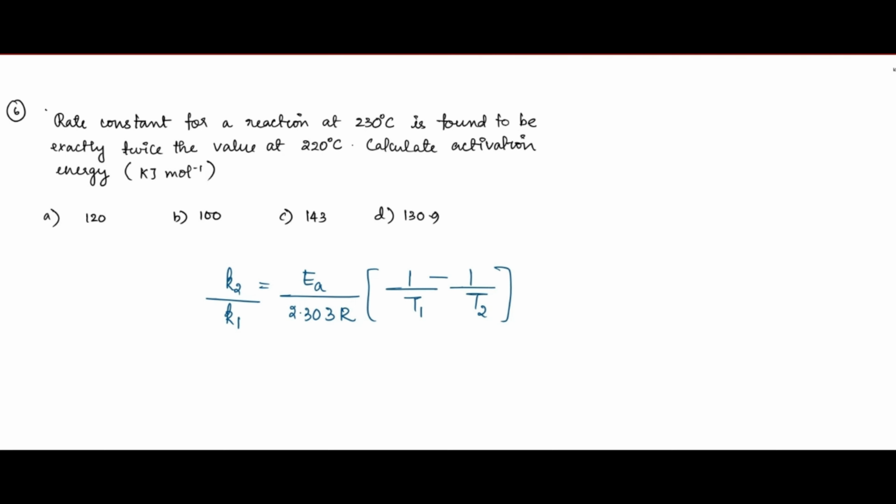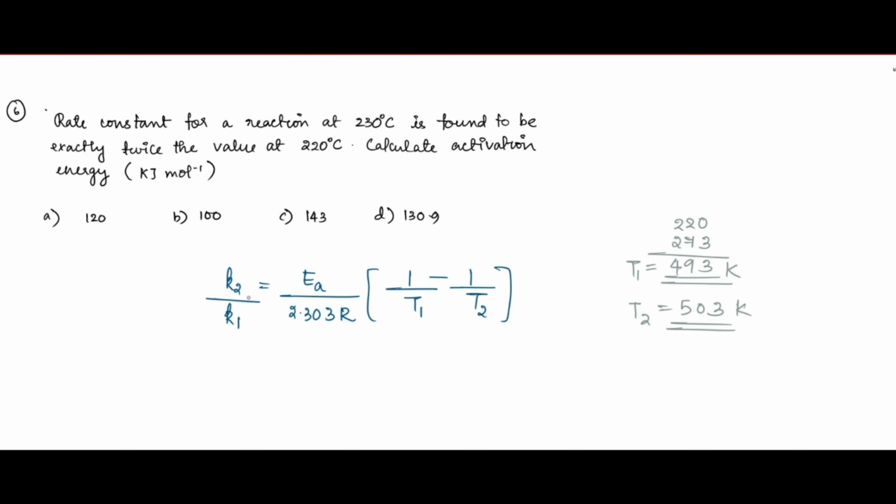Always put it in the Kelvin scale. It's given as 220, you will convert it to Kelvin, which is 493 Kelvin. This is T1. The difference between T1 and T2 is 10 degrees, so T2 is going to be plus 10, which is 503.